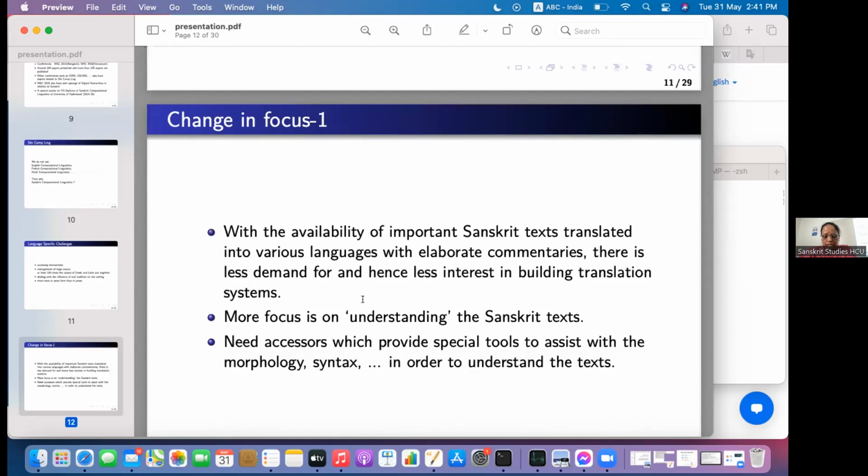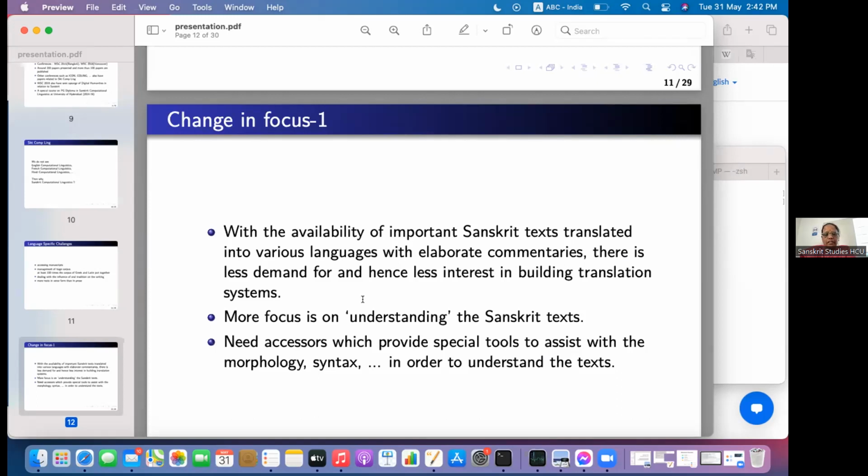Now, because of these challenges, the focus is a bit different. As far as Sanskrit is concerned, the focus is not just translation, because important texts are already translated into various languages with elaborate commentaries. What is important is not the translation but the understanding of the text.